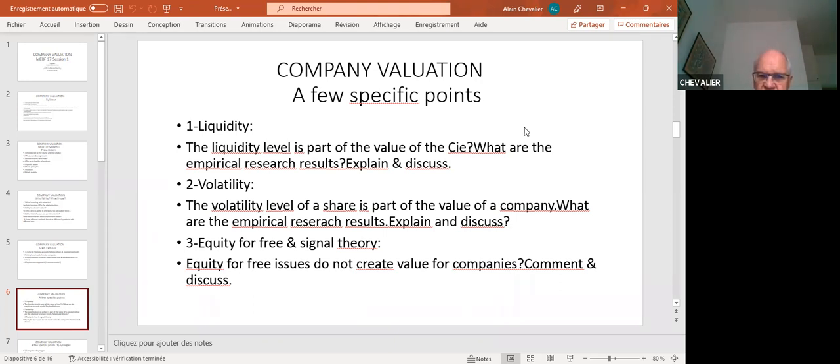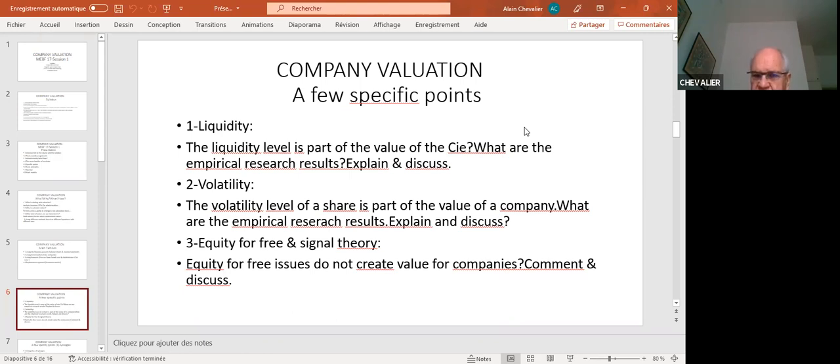Third point, equity for free and signal theory. Remember what we did in the last course. Remember that equity for free issues, according to the calculations, don't bring any value.